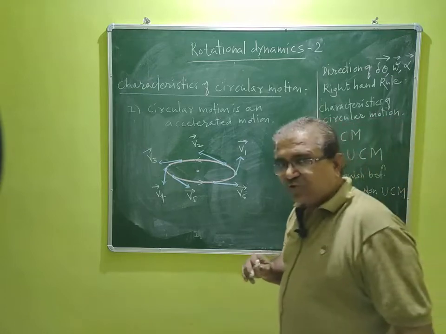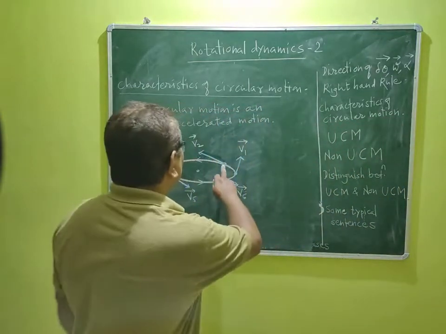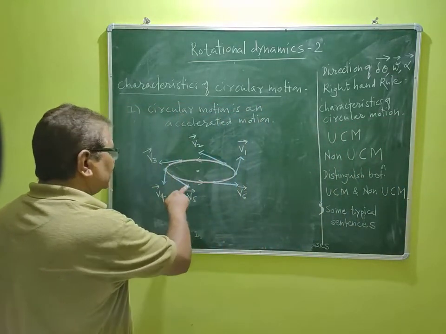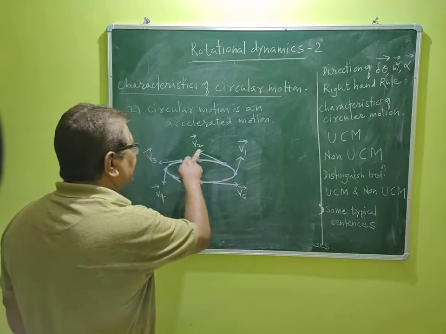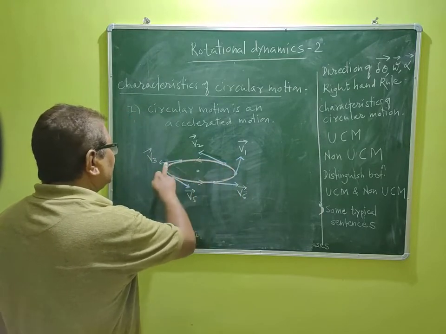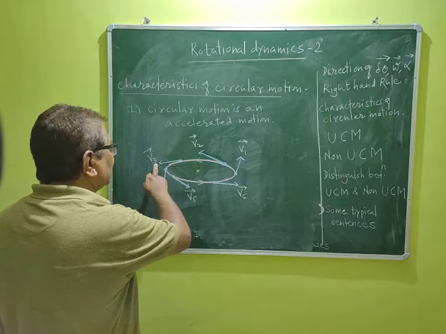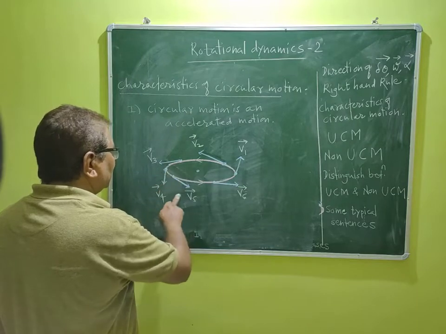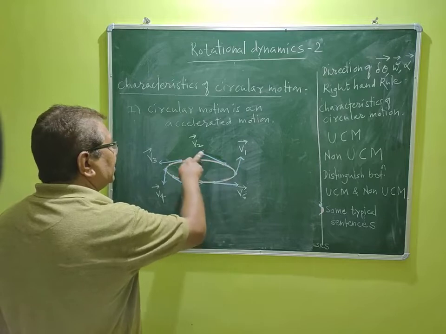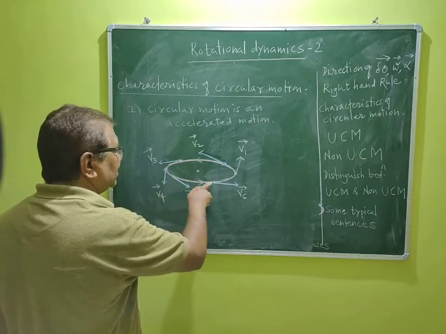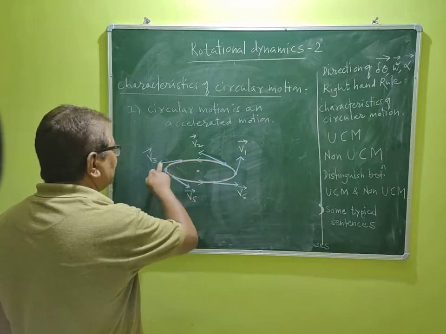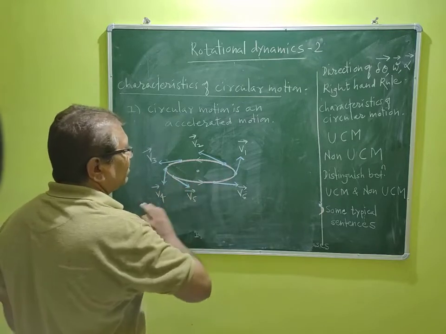At every position of the particle, we draw a tangent, and this tangent suggests the direction of the linear velocity at a particular position of the particle. The directions of linear velocities go on changing at every position like this.